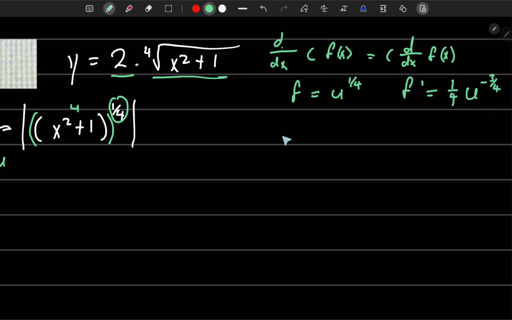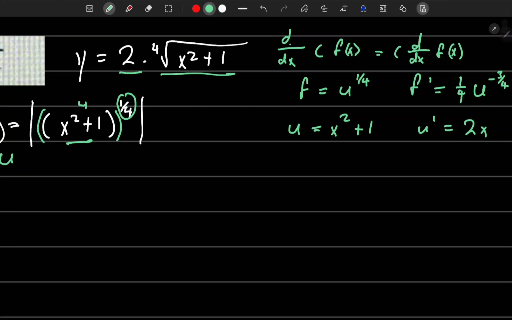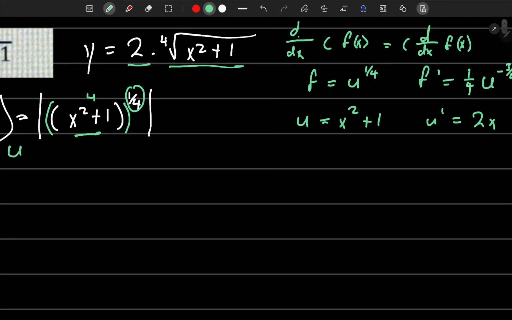Now let's look at what u is. u is x squared plus 1. So u prime, if we apply the power rule, knowing that the derivative of a constant is 0, so this is going to fall away, but the derivative of x squared is 2x. Now we have everything in order, and we can apply that to the chain rule.